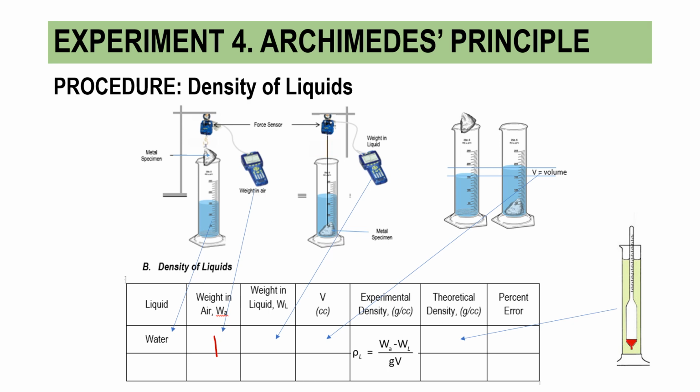The weight in the liquid should be placed here. The volume displaced should be placed in the fourth column. We also need to identify the liquid, if that is water or any other liquid. For the experimental density, we're going to use this equation. The theoretical density should be measured using a hydrometer, and then we have to compute the percentage error.